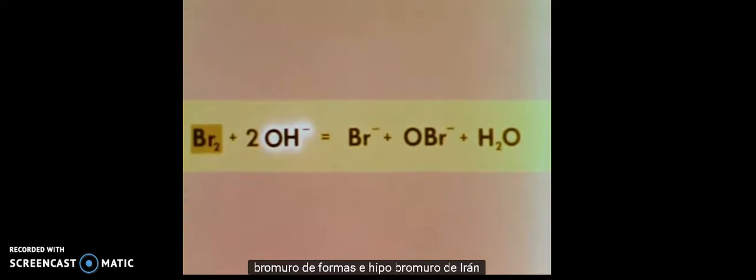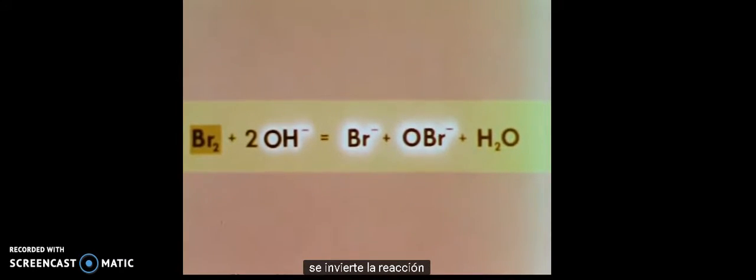Analysis shows that addition of hydroxide ions forms bromide and hypobromite ions. Is the reaction reversed when acid is now added? Yes.